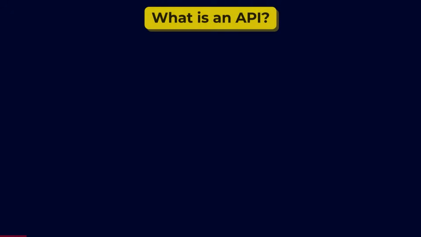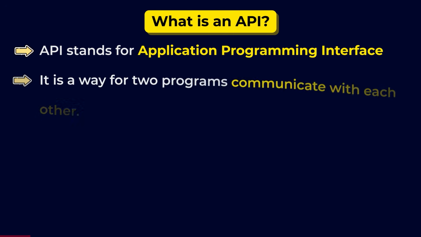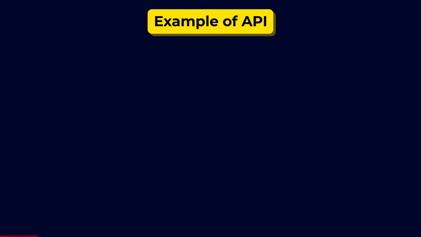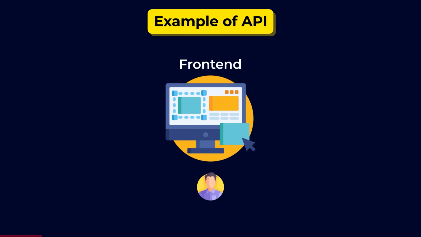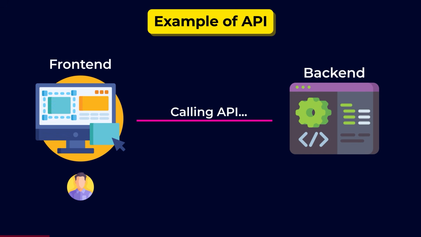Now as we know, API stands for Application Programming Interface, and it is a way for two programs to communicate with each other. Remember our restaurant example? Let's see another real-world example. Imagine a user wants to register on our website, so he or she fills in the form and then submits it. The moment they submit, we call an API to register a new user.